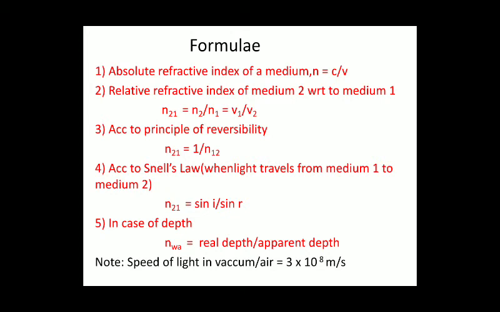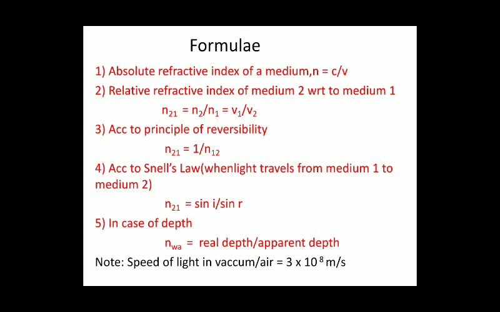Second formula, relative refractive index, when there is a pair of mediums in which the first medium is not air, any other combination of mediums. Then N21, that is the refractive index of the second medium where it is entering, where the bending will take place, with respect to the first.